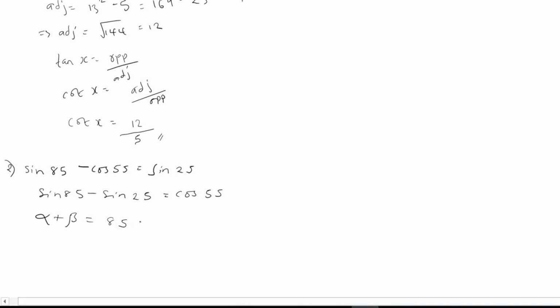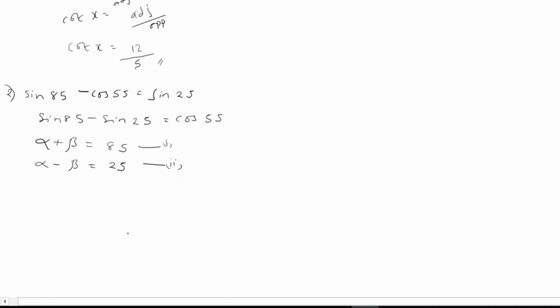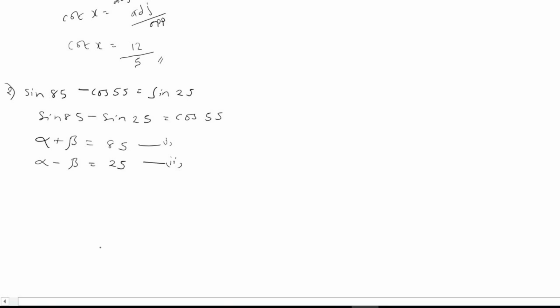This could be your equation 1, and you'll have alpha minus beta equal to 25, which is the other value attached to the other sine. This is just to simplify your work so that you can easily do the subtraction without using tables or calculators. So you can solve this simultaneously by adding equation 1 and 2.